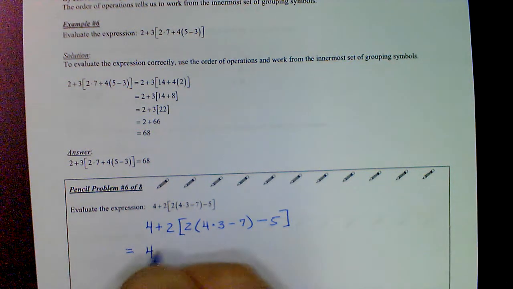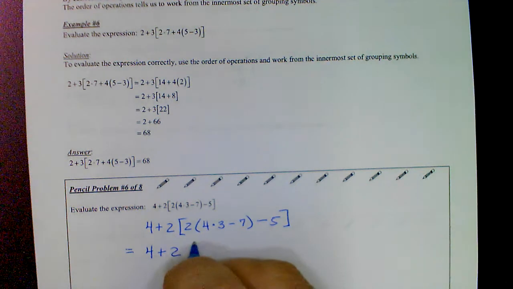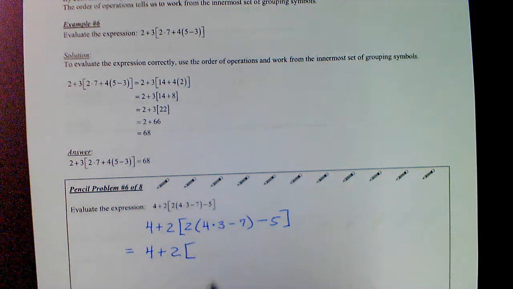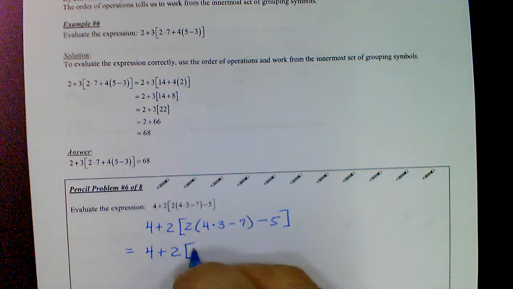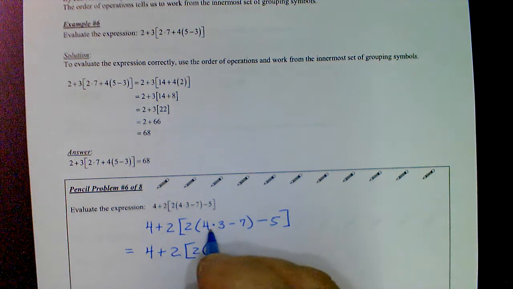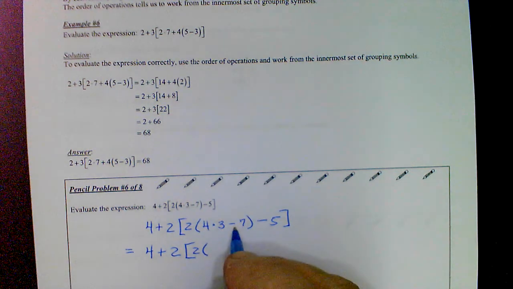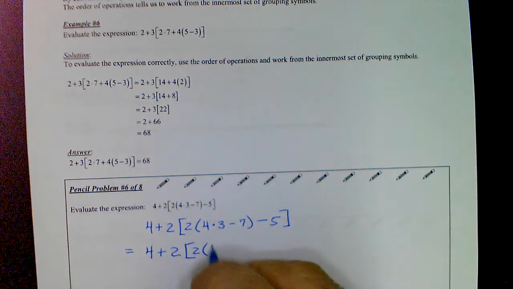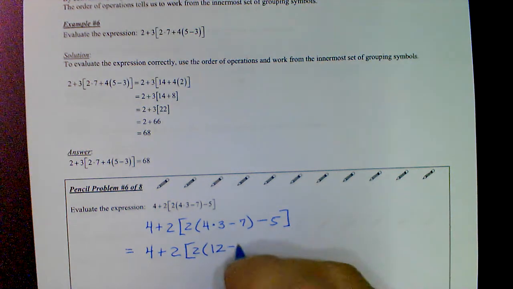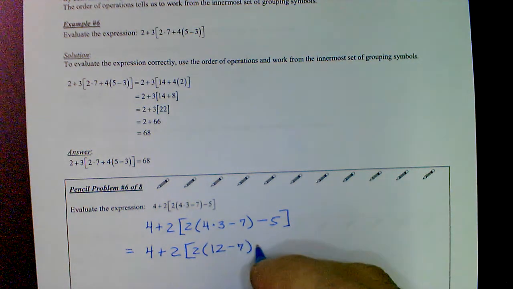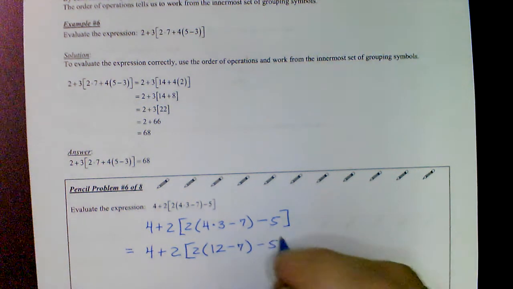So we'll recopy 4 plus 2, open up the brackets, recopy 2, and in parentheses, multiplication or subtraction. Multiplication comes first, so 12 minus 7, recopy everything else.